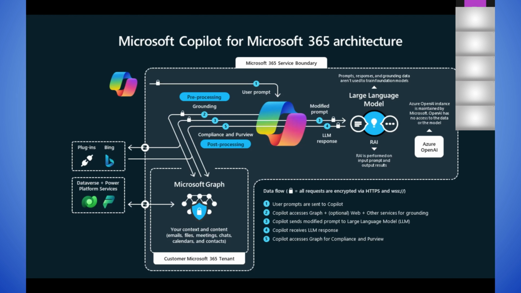That's why it does the post-processing. As part of post-processing, it also does the responsible AI check, so there are no bad words or wrong use of AI. Once this is done, then step 5, it sends the outcome back to the user. So that's how you get the information. This is overall how Copilot for M365 works.